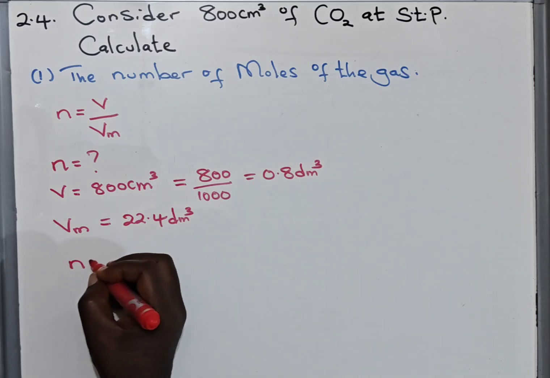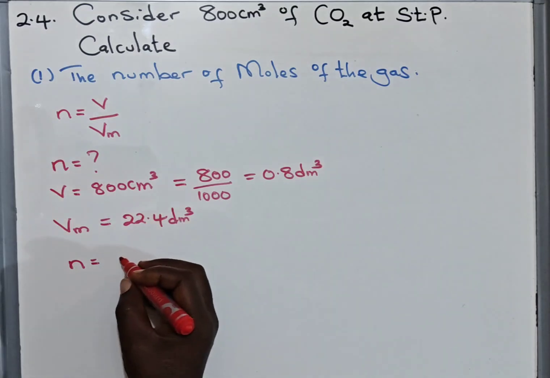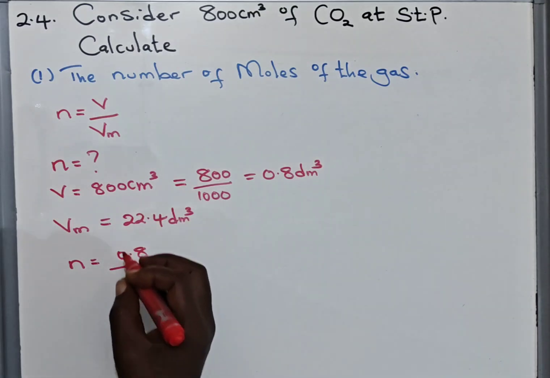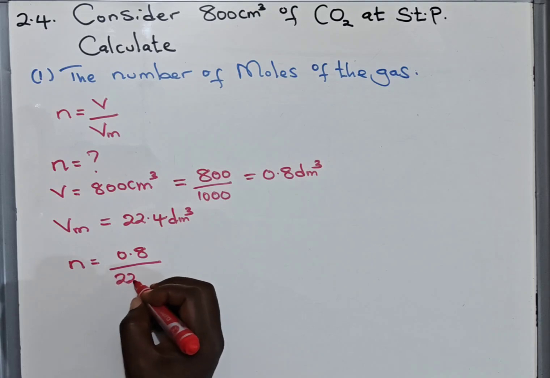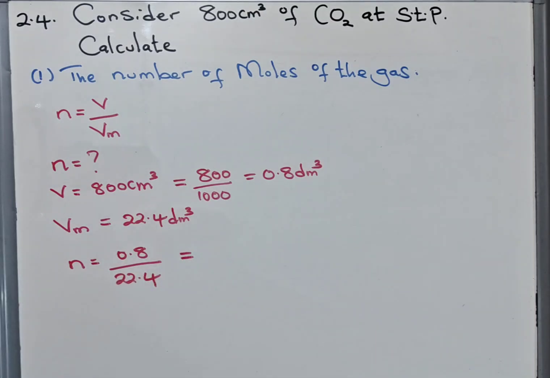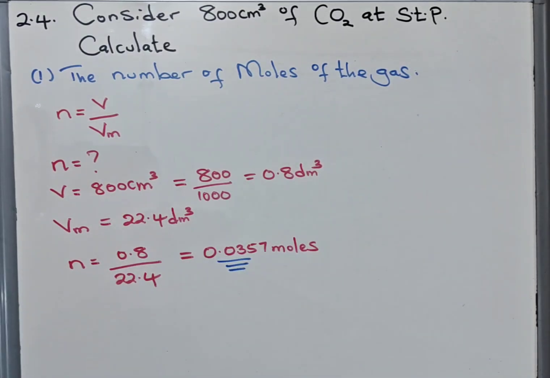N, which is the number of moles we are looking for, is equal to volume, which is 0.8, over molar volume, which is 22.4, giving you this. So these are the number of moles of the gas at STP.